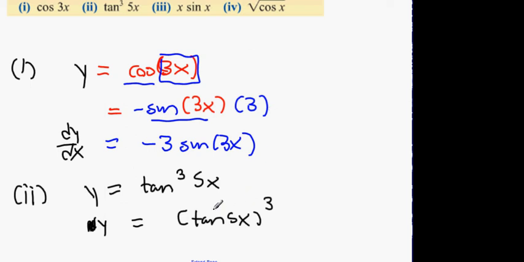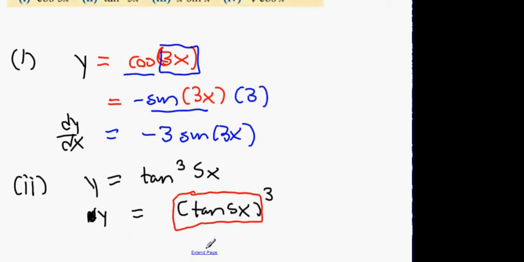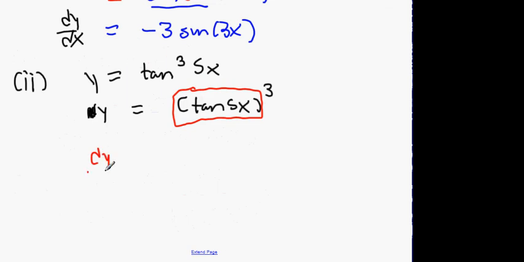Remember we said earlier, the chain rule, the box never changes. Okay? So dy dx, because it has a power, it's protected. Okay? It's not going to go anywhere. So the 3 goes to the front, you take 1 away from the power, and you get tan 5x to the power of 2. Okay?